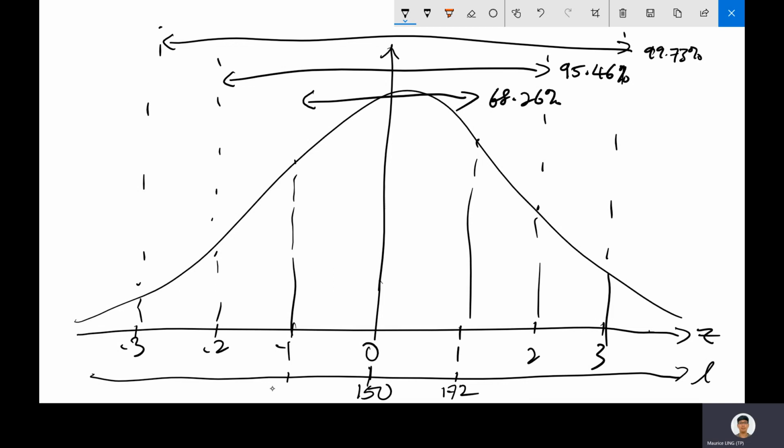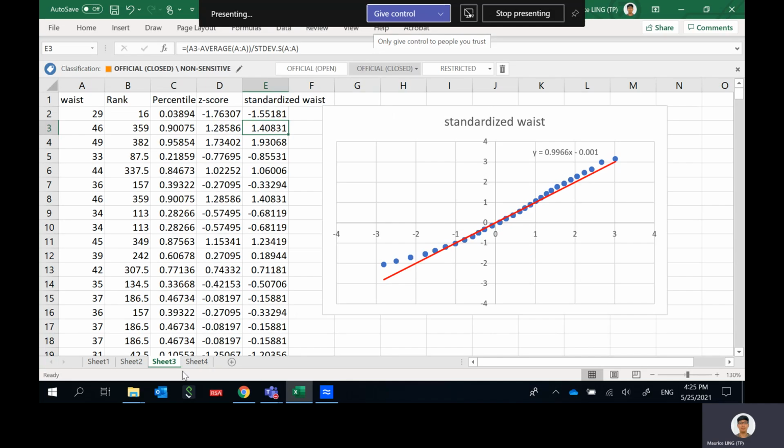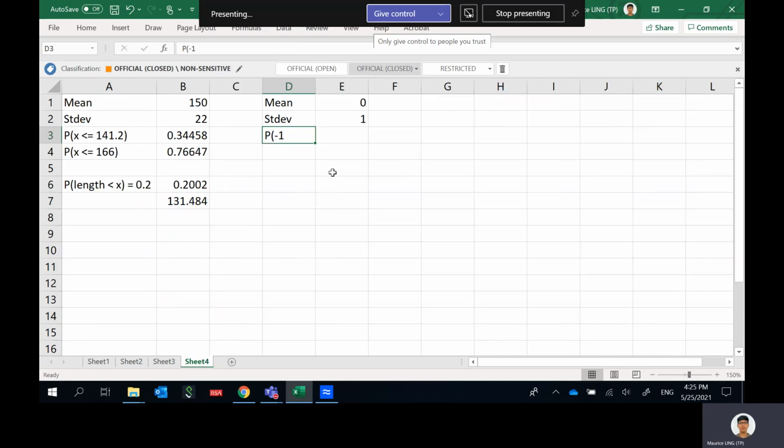This is minus 22, so it's 128. How do you convert between these two scales, these two axes? So between 1 and minus 1.